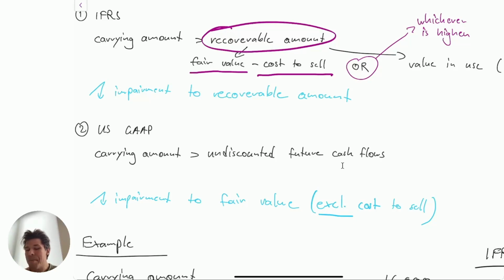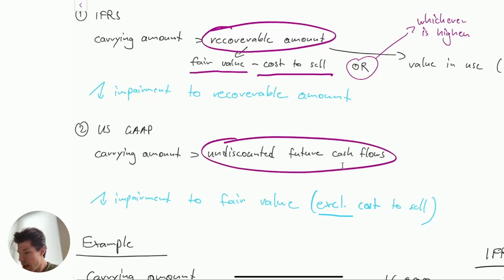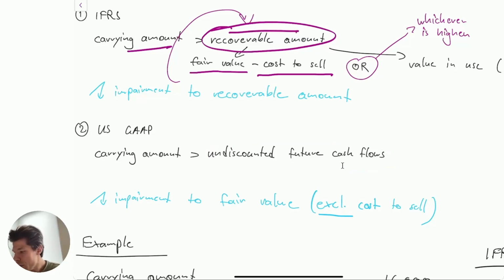However, you impair the asset not to this figure as you do with IFRS. You check carrying amount with recoverable amount and you impair to recoverable amount. In US GAAP, you don't do this. You do the initial check, carrying amount compared with undiscounted cash flow.